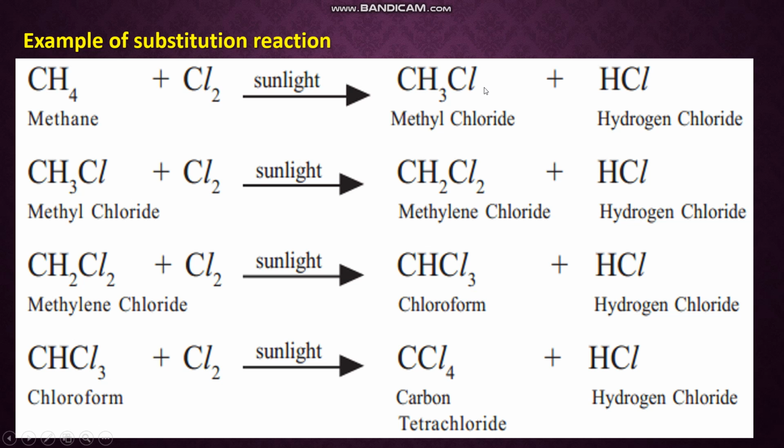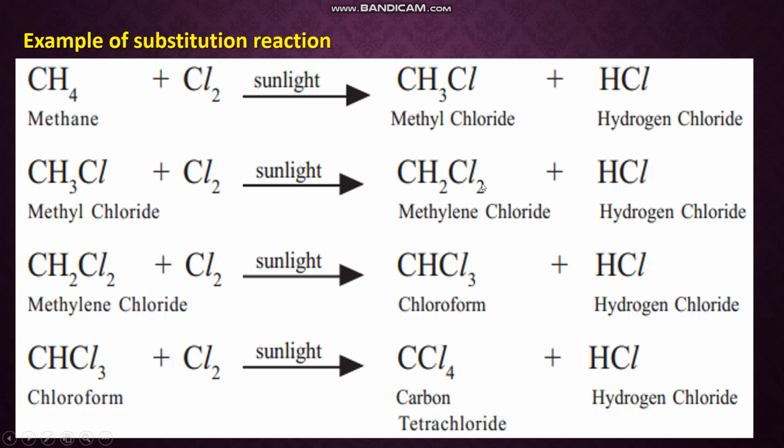Now to this again chlorine is added. What will happen? Another hydrogen is replaced by chlorine. So we'll get CH2. So one hydrogen is less here. In that place what is occupying? Chlorine. So we'll get CH2Cl2. And the hydrogen which is replaced by the chlorine, that hydrogen and another chlorine combine to form hydrogen chloride. This is called methylene chloride. This is a common name.